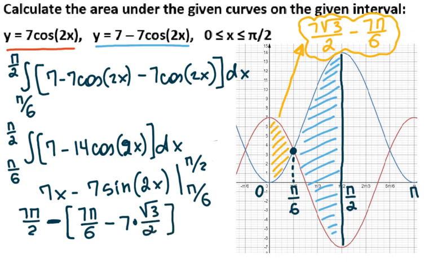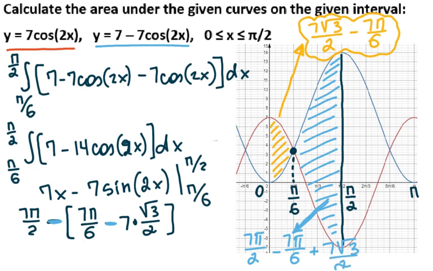I'm not going to collect like terms yet. So for the blue area, we have the result, which is 7 pi over 2 minus 7 pi over 6, and minus and minus will give me plus 7 square root of 3 over 2.